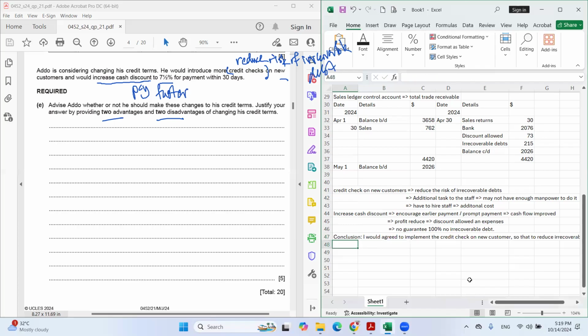Okay, this could be the answer that I put in. And I also can say that I will increase the cash discount so that the customer may pay faster. That is the answer. Generally, I agree with these two methods. Okay, now next, move on to the next question.